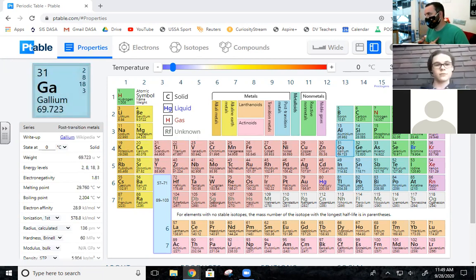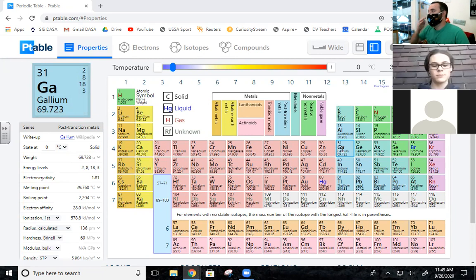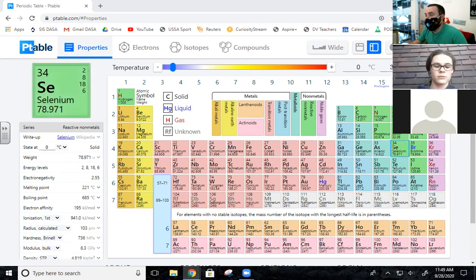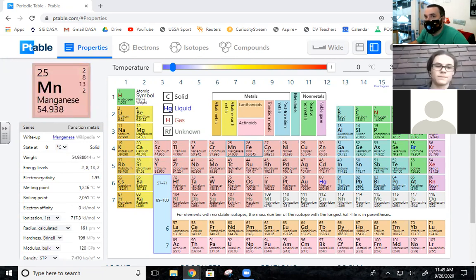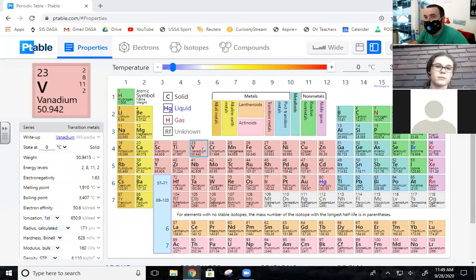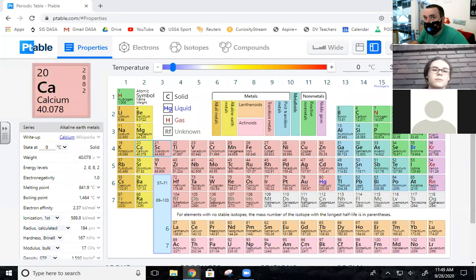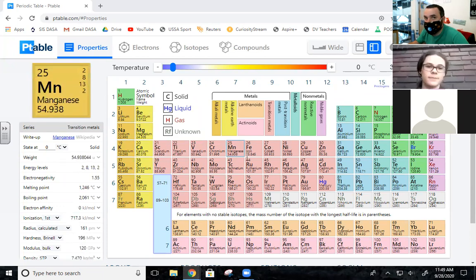The reason for this is because the number of protons is increasing while it is true that the number of electrons is increasing, but if you're in the same row, so we have columns and rows, right?